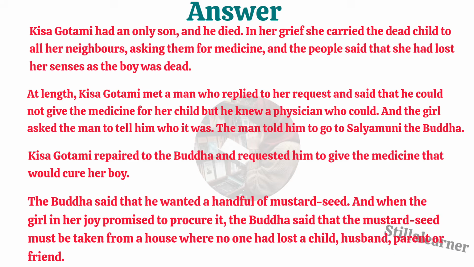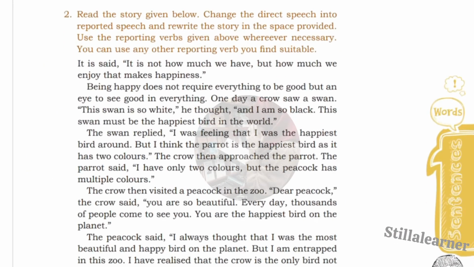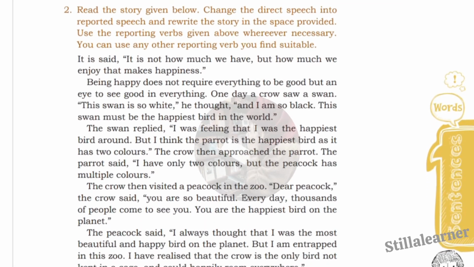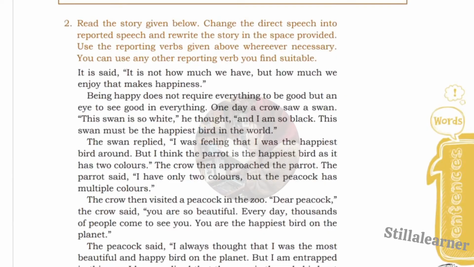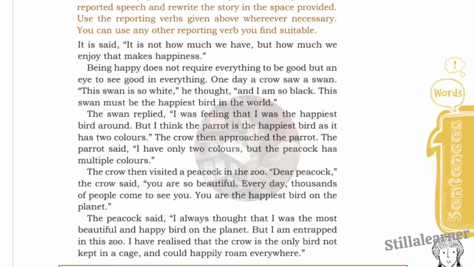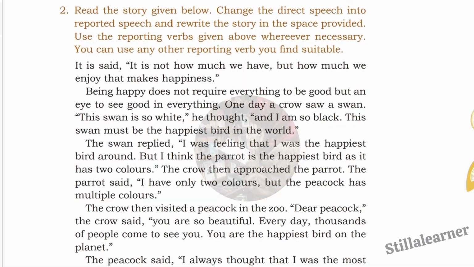Now we'll move to the second question, which is, read the story given below. Change the direct speech into reported speech and rewrite the story in the space provided. Use the reporting verbs given above wherever necessary. You can use any other reporting verbs you find suitable.